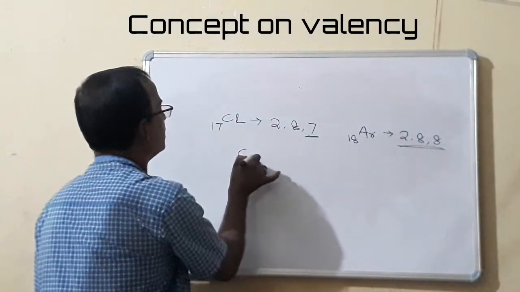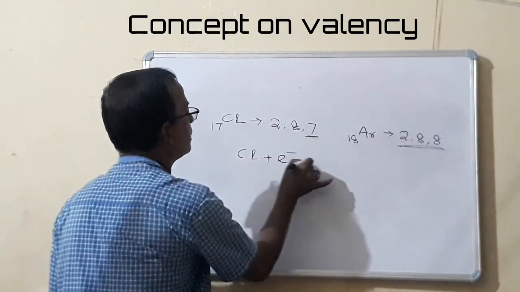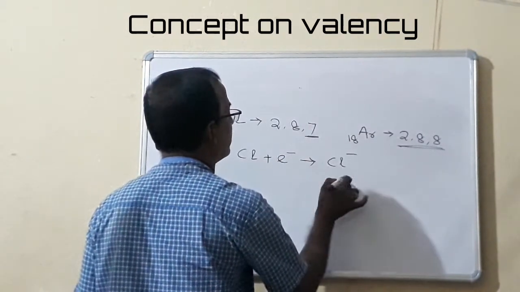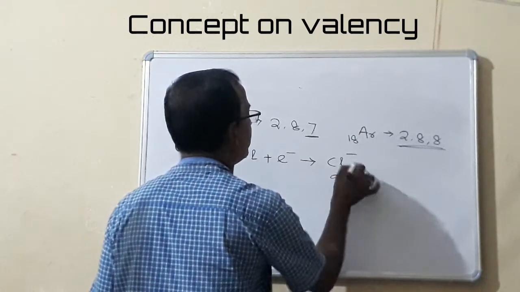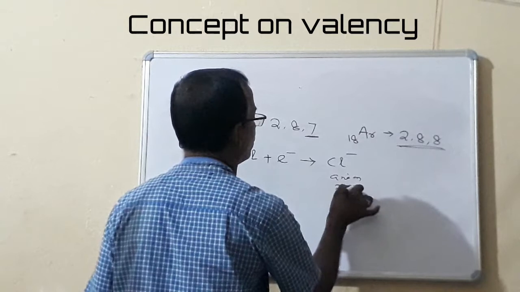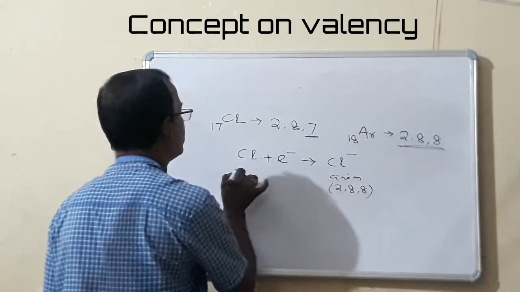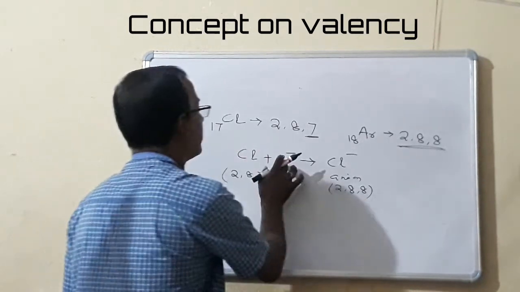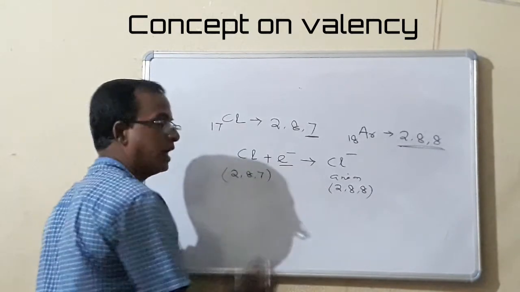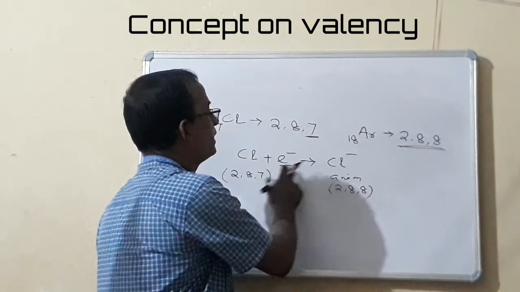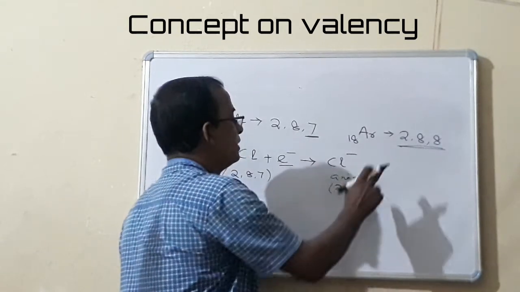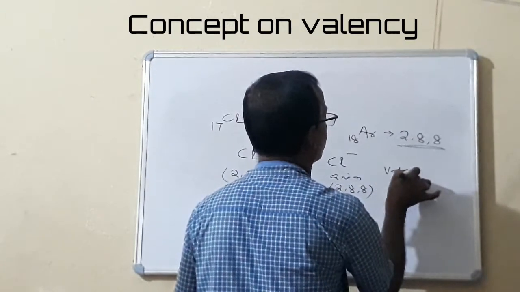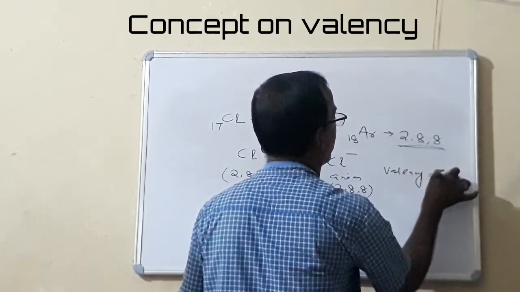So Cl plus 1 electron forms chloride ion, that is an anion, and its electronic configuration is now 2, 8, 8. Before it, the electronic configuration was 2, 8, 7, so chlorine, by gain of 1 electron, attains Cl minus, the nearest noble gas configuration, so its valence is equal to -1.